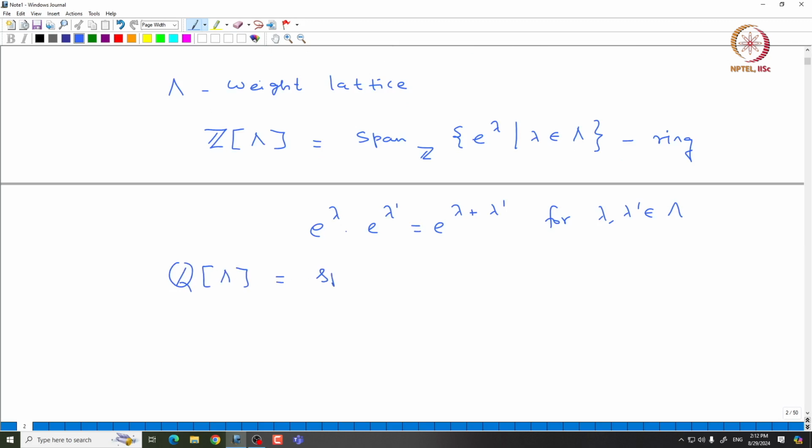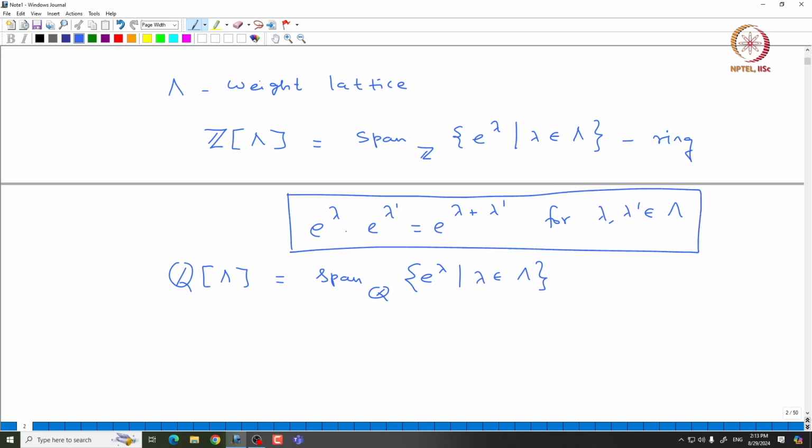This is the Q linear span of e power lambdas, where lambda comes from capital lambda. So, e power lambda, lambda in lambda, is the basis of this vector space, and we have this multiplication. Using this multiplication, we can make this a Q algebra.